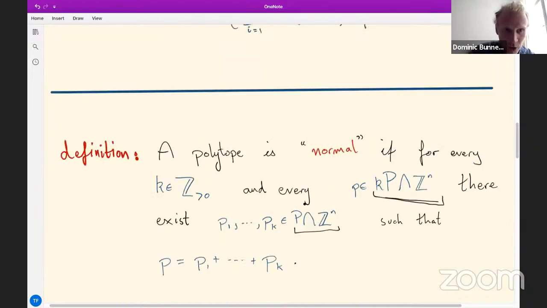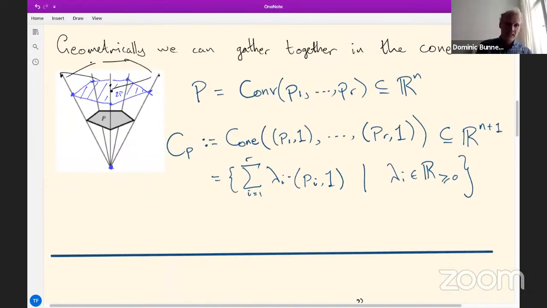Now we can try and imagine what's going on here. If we set K equal to 2, then for P to be normal, it means that for every lattice point inside 2P, we can choose 2 lattice points down here in P. Let's call them P1 and P2, and this little p.